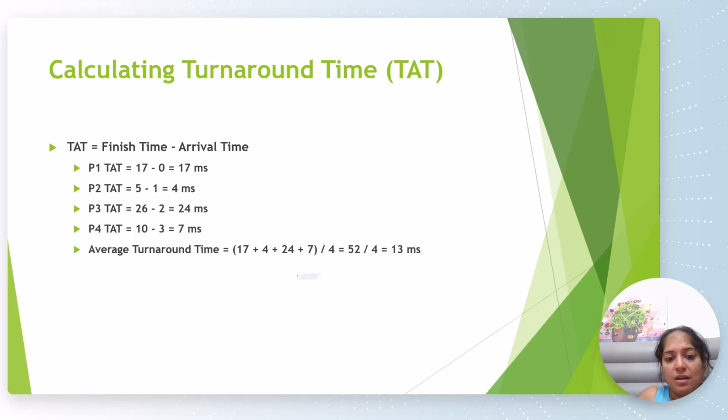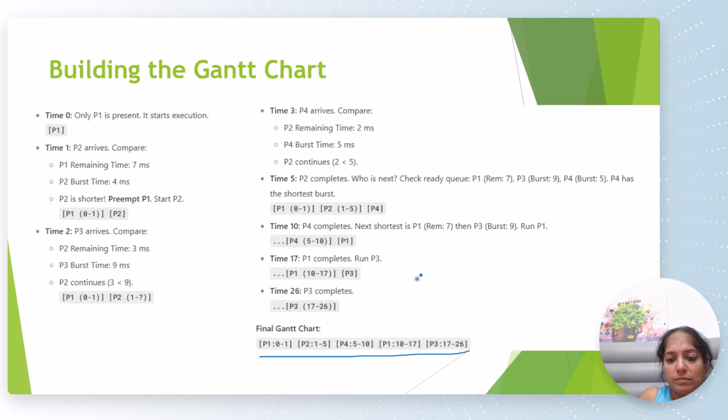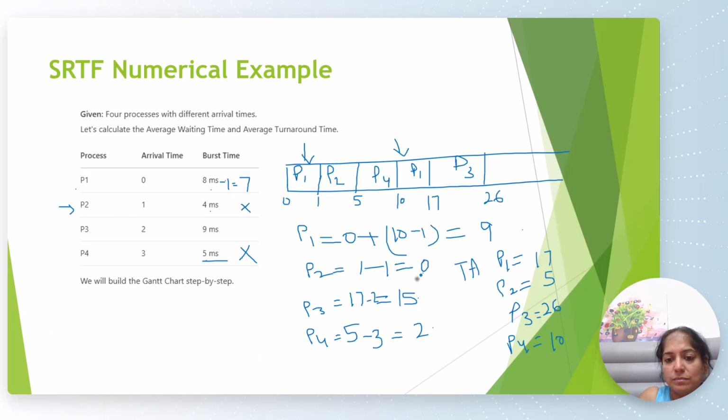So these are the turnaround times. Same for the turnaround time also. Actually, we need to subtract the arrival time. So P1's turnaround time is 17, P2's is 4, P3's turnaround time becomes 26 minus 2, so it comes out to be 24, and P4's turnaround time becomes 10 minus 3, which is 7.